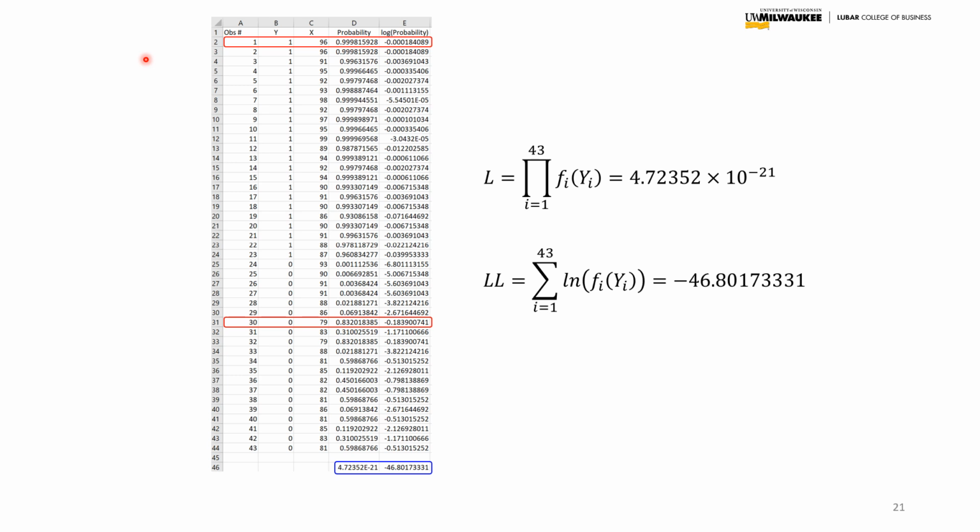We'll want to do what we did on the previous two slides for every single observation in the data set. If you get the product of all these probabilities down this column, you get this incredibly small value. If you take the sum of the log probabilities, you get this value here of minus 46.801733331.